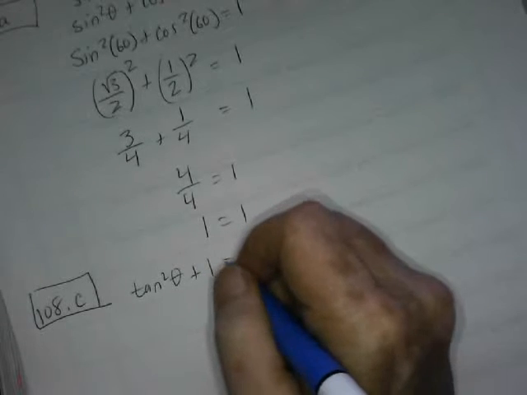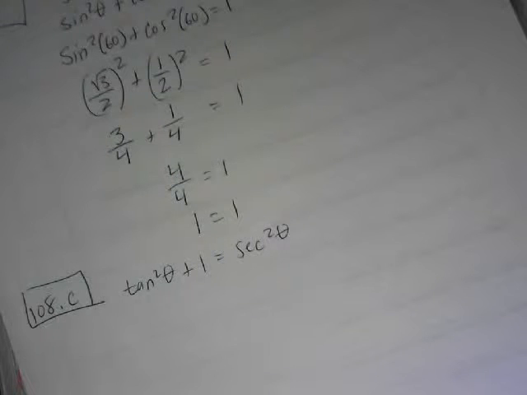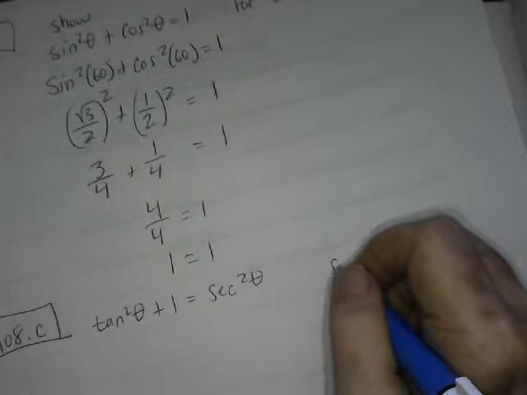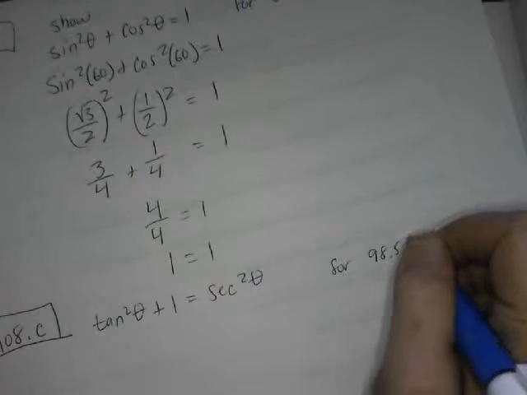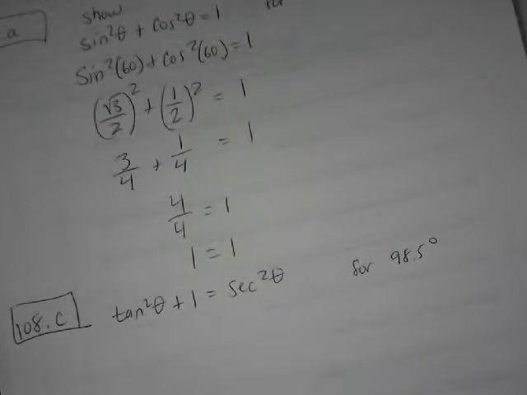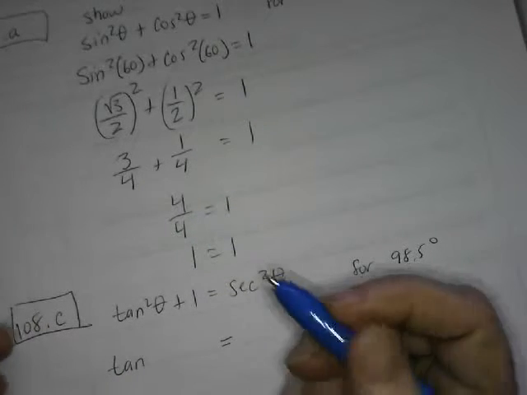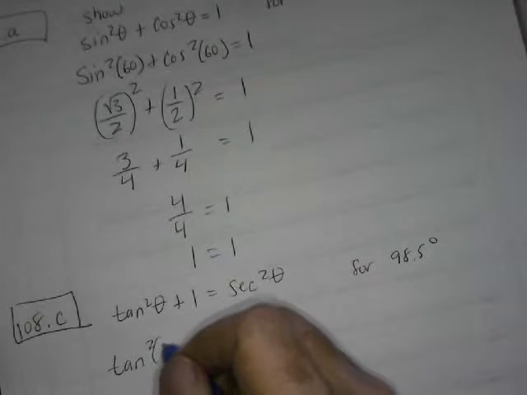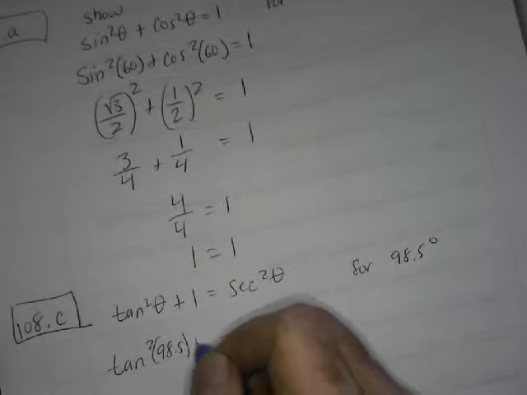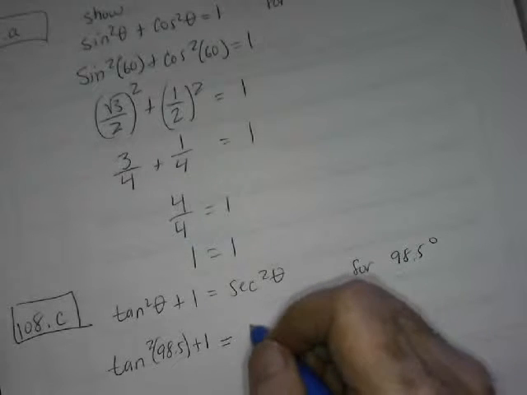It wants tangent squared theta plus 1 equals secant squared theta, for 98.5 degrees. So that means I have to use my calculator. I'm simply going to plug it in. It's not super hard, but it gets a little decimal-y.